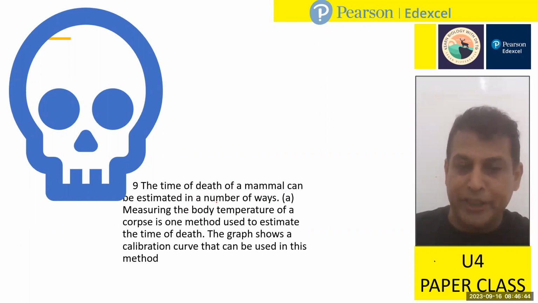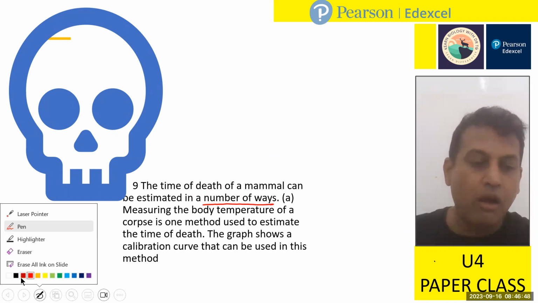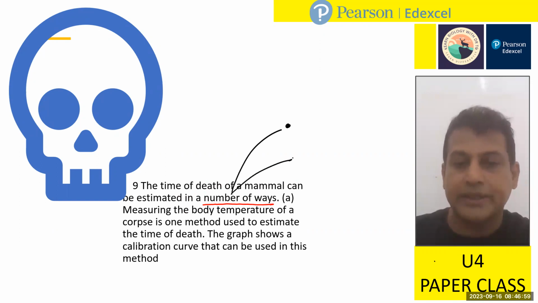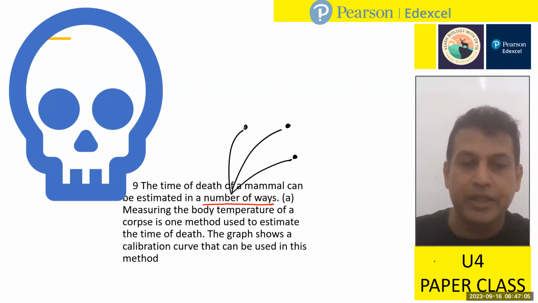When it comes to the number of ways, we are learning 4 methods. First one is the drop of temperature after death. Second one is body stiffness, rigor mortis. Third one is entomology. Fourth one is decomposition time.